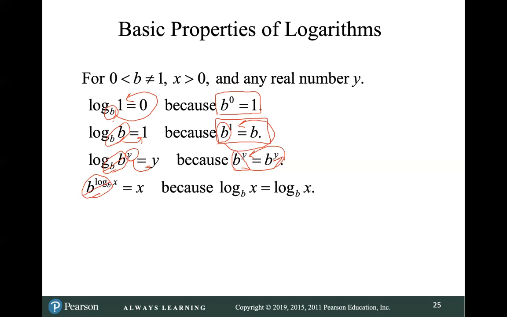Okay, so if I take log base b, go around the equal sign, that gives me b to the entire expression, log base b of x equals, what am I pointing at? I'm pointing at x. So we can say that this b to the log base b of x is going to reduce to just x.